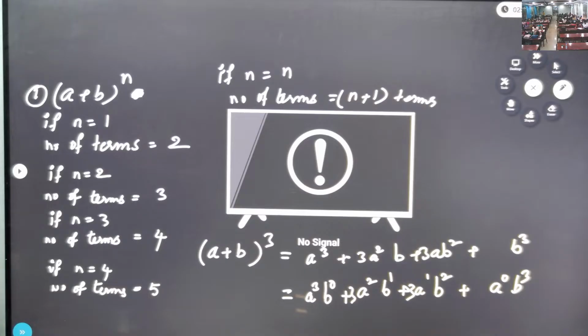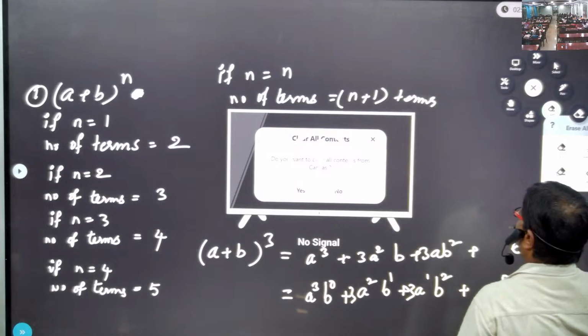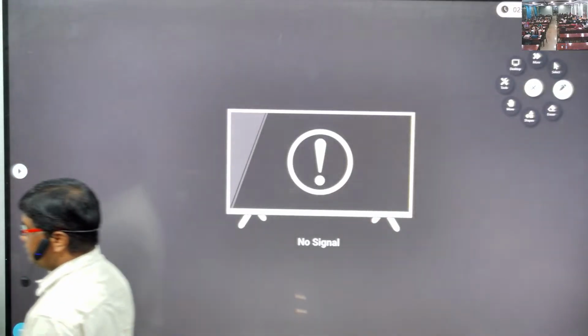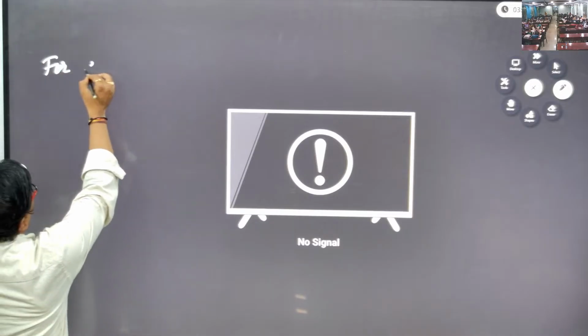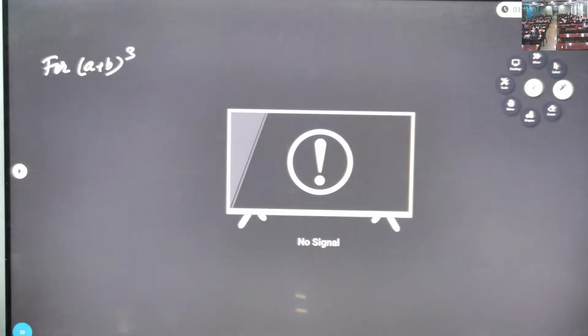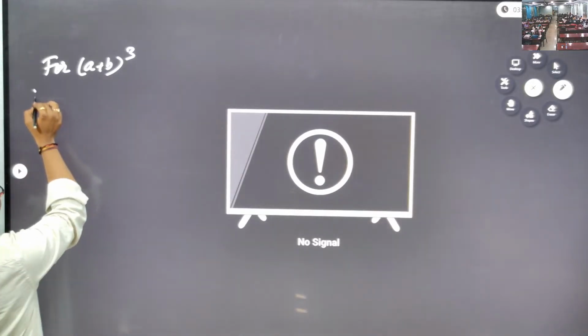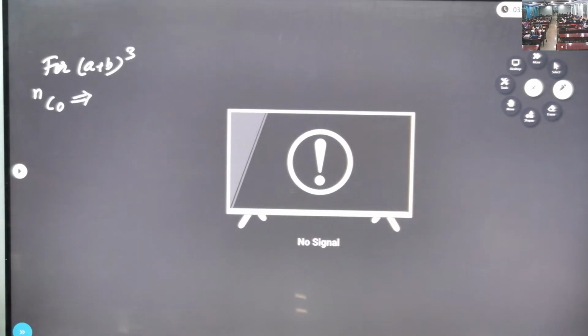Next, fourth part, coefficients. nC0. For a plus b power 3, that is a plus b whole cube, nC0. Is this the first term or second term?